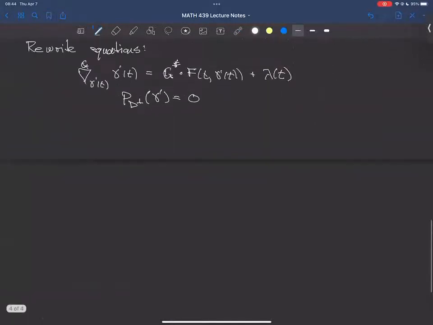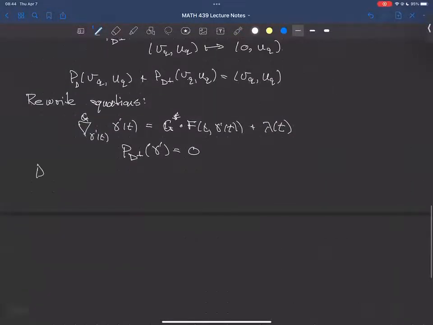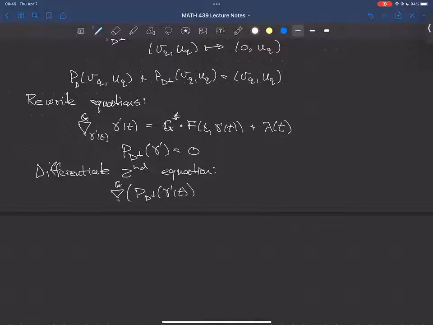Okay. All right, so differentiate the second equation. When I say differentiate, I mean covariantly differentiate, with respect to gamma prime.